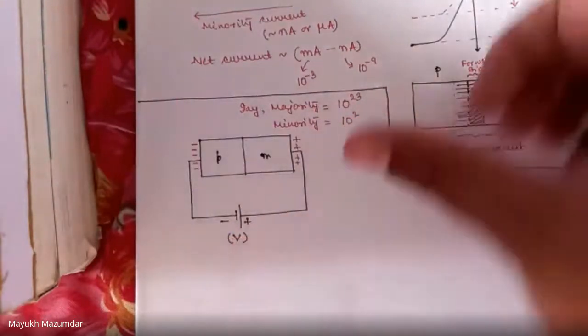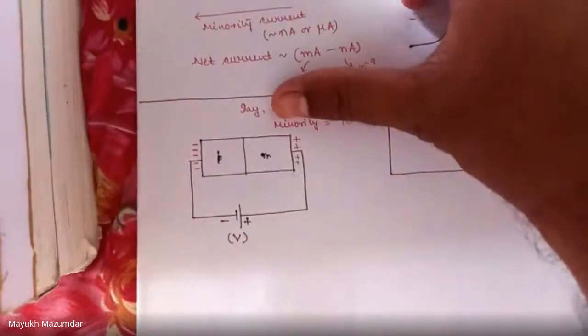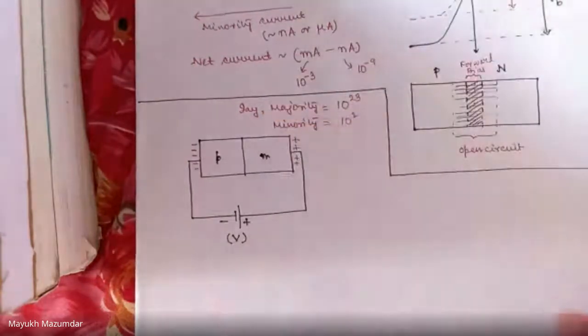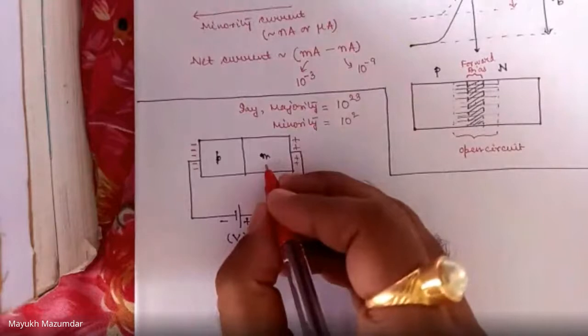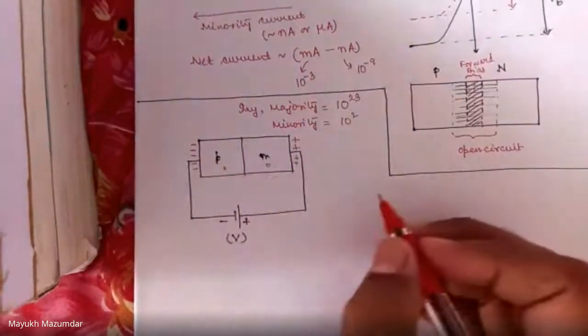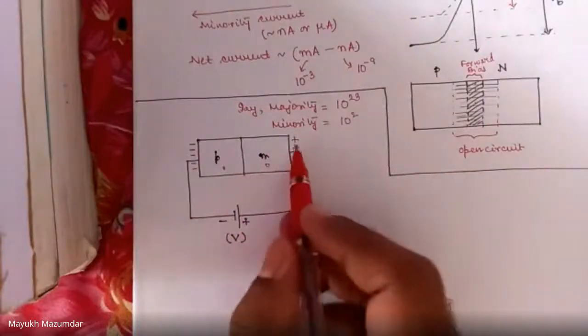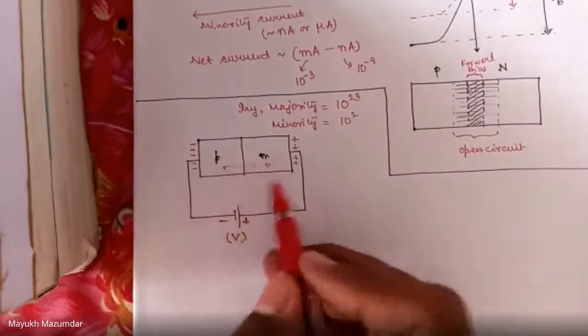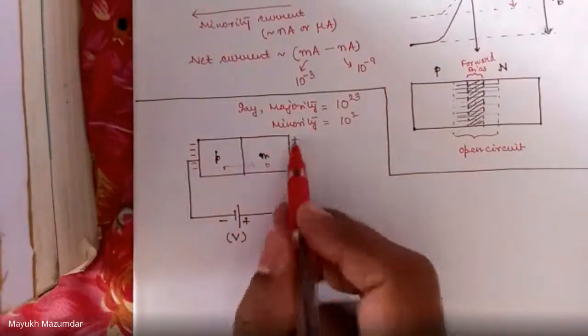Now what is happening? The majority carriers are barely active. Now you have only minority carriers. That is, you have holes this way as minority, and electrons this way as minority. Now what will happen? They will be drifted this way. Why? Because of this.